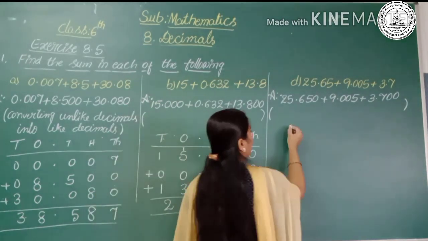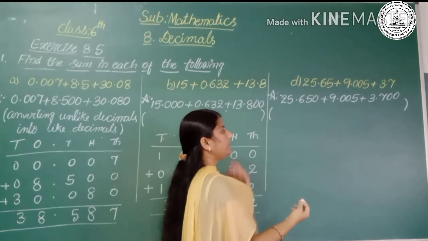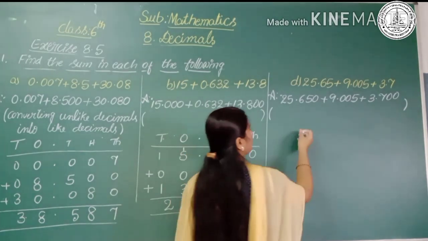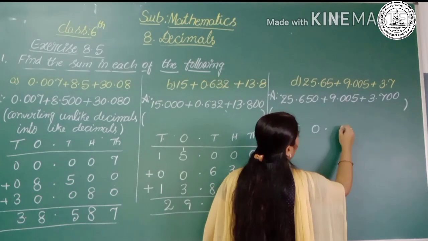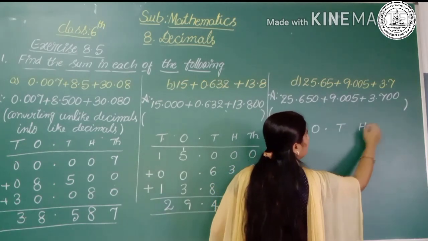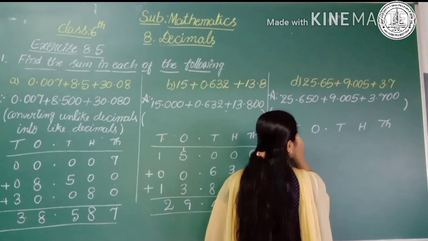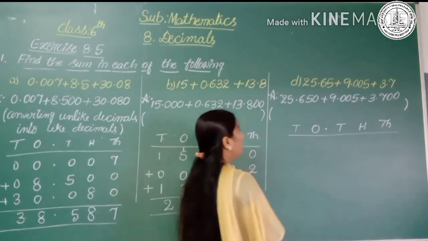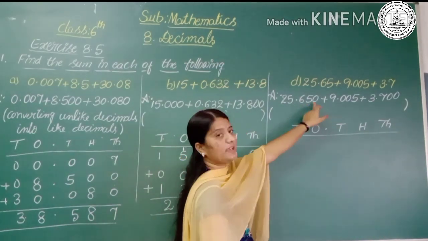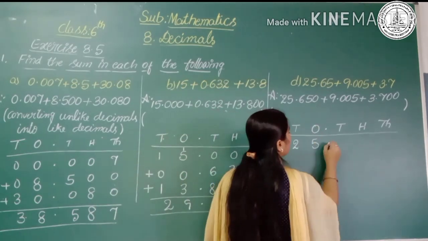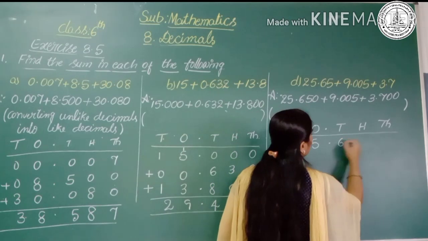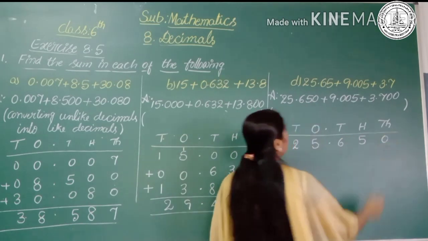Okay. Then next add here. Before going to that, write down the places. It is tens, ones, decimal point, tens, hundreds, and thousands. Okay. Yes. Now the first one is 25.650. 2 is in the tens place, 5 is in the ones place, point, 6 tens, 5 hundreds, 0 thousands.